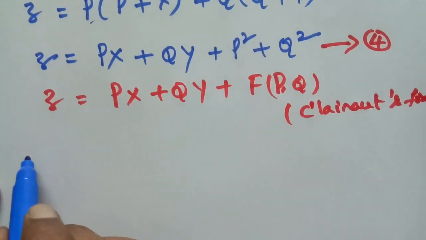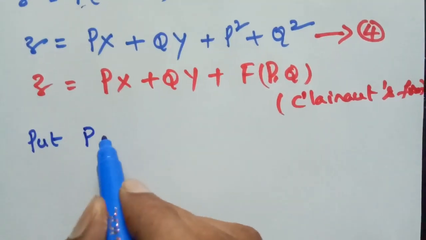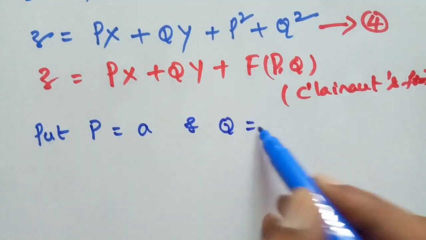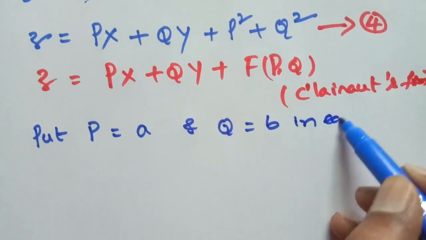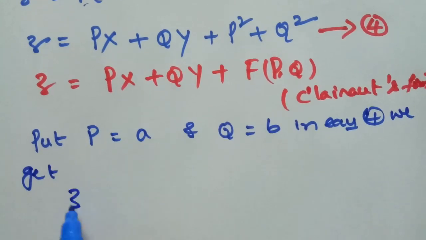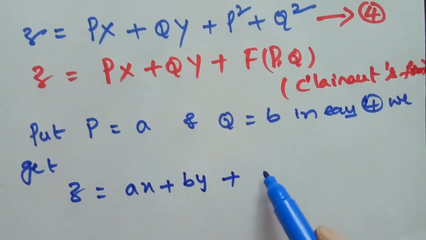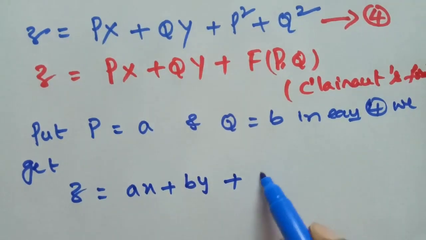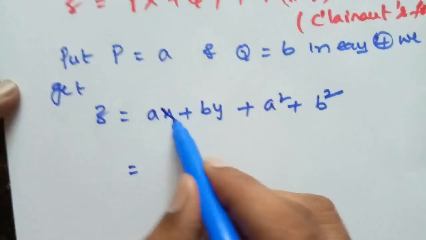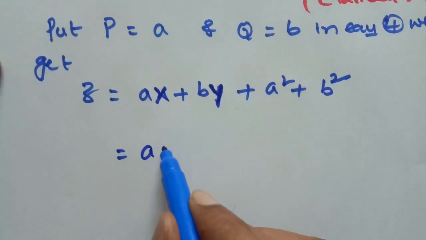Therefore, the solution is obtained by putting capital P is equal to A and capital Q is equal to B in equation 4. We get Z is equal to AX plus BY plus f of PQ, that is A square plus B square. But here capital X, capital Y. Now what is capital X?